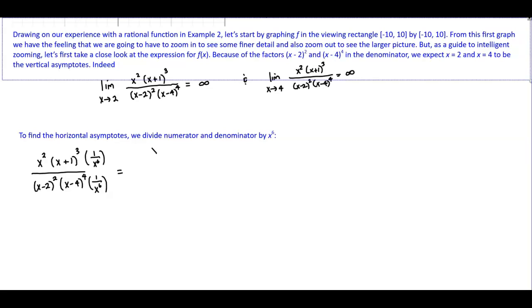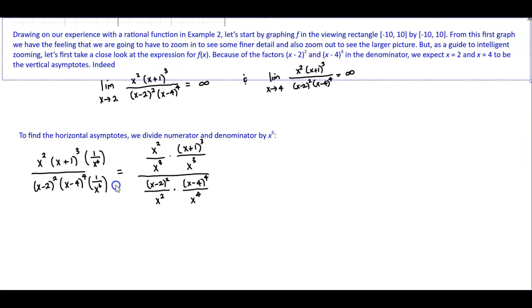In the numerator it's going to be x squared over x cubed times x plus 1 cubed divided by x cubed, because x cubed times x cubed gives us x to the 6th. And the same thing here: we have x minus 2 squared over x to the 2nd times x minus 4 to the 4th power over x to the 4th, because again x squared times x to the 4th gives us x to the 6th.